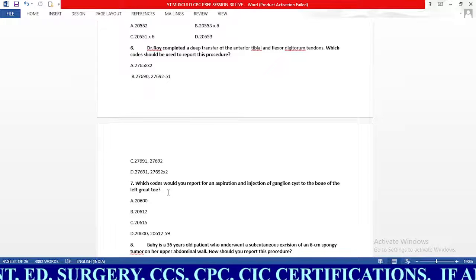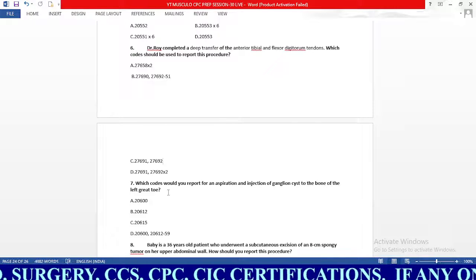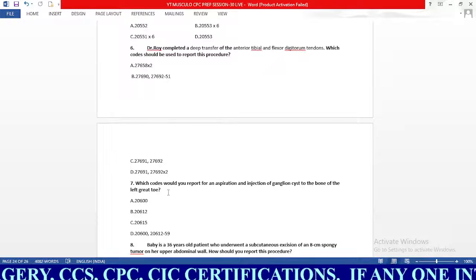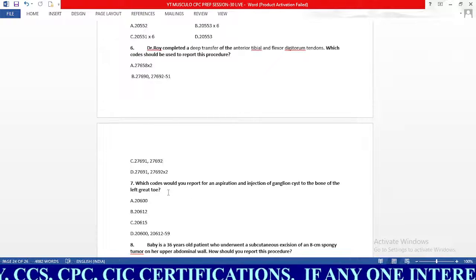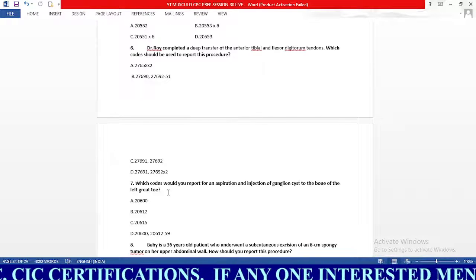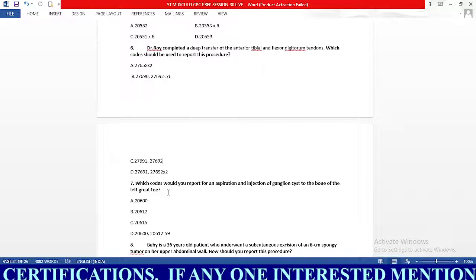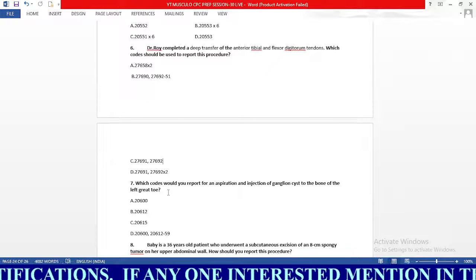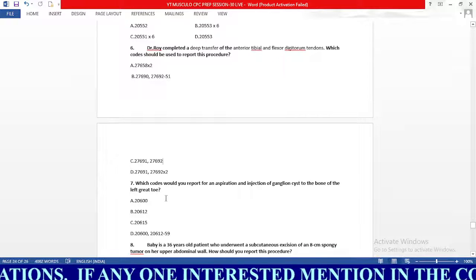So just the bone of the great toe, the physician has performed aspiration and injection. If we check 20600, arthrocentesis, aspiration and/or injection, small joint or bursa without ultrasound guidance. So basically the left great toe bone is not a joint. The physician clearly mentioned here bone of the left great toe.